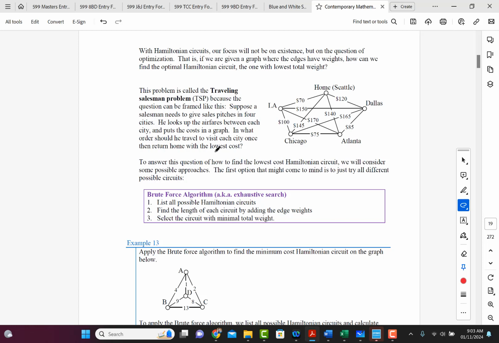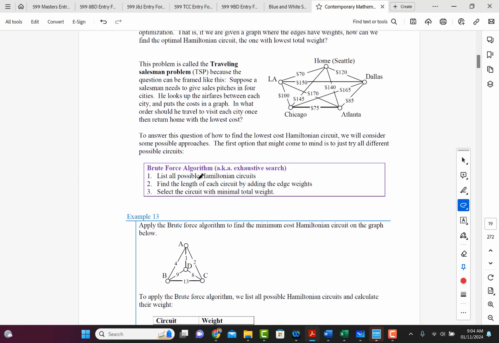Step 1 for the brute force algorithm is to list all possible Hamiltonian circuits. Step 2, find the length of each circuit by adding the edge weights. And step 3, select the circuit with the minimal total weight. So that's just by brute force.